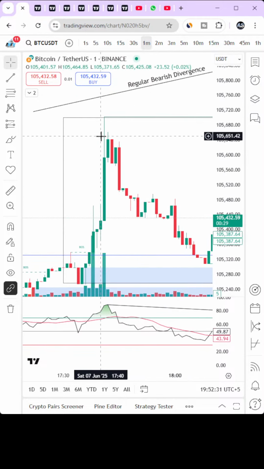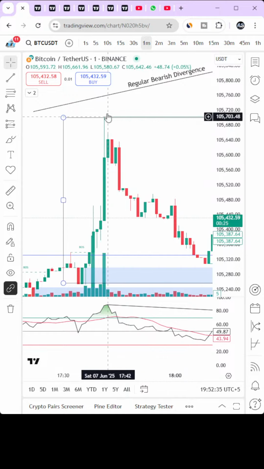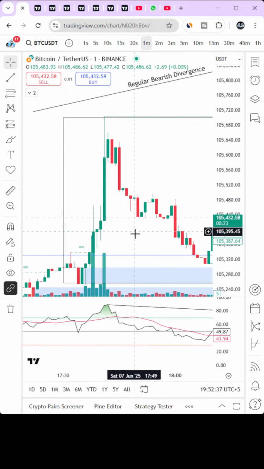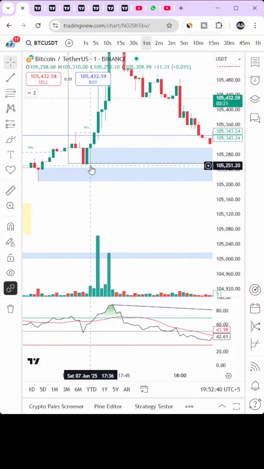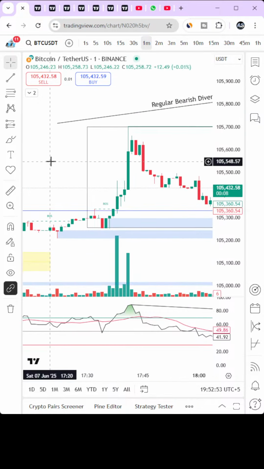Here the sellers are pushing the prices to the sell side. Here the sellers are available, and here the buyers are available. At the support, we always see the buyers. At the resistance level, there are always sellers available, and they are always fighting.